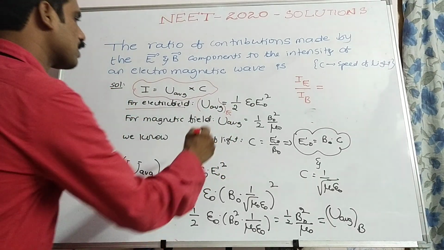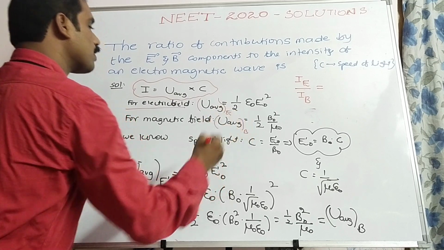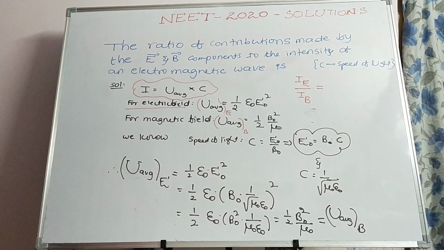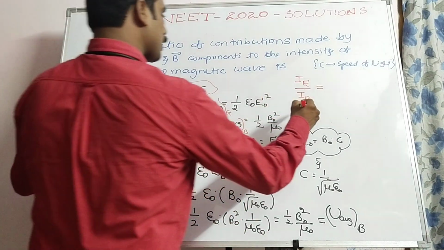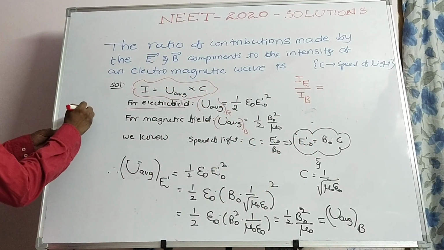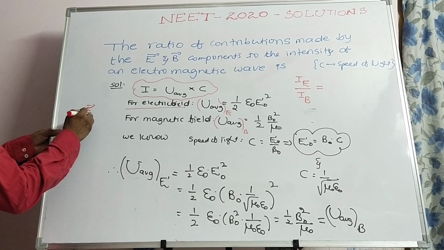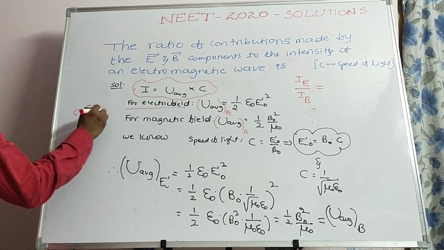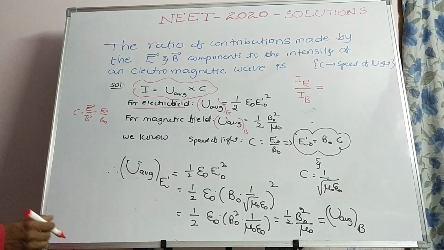For the magnetic field, U average of B is equal to half into B naught square by mu naught. But we know the speed of light C is equal to E naught by B naught, that is C is equal to E bar by B bar, equal to E naught by B naught.